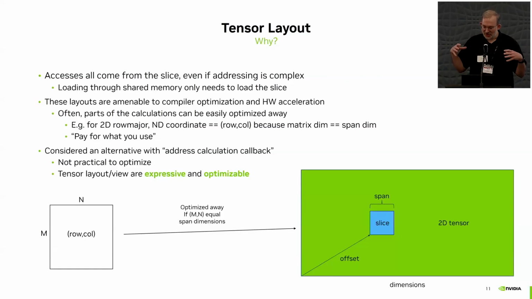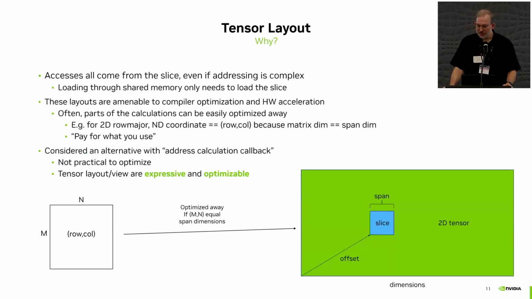It just says, okay, there's the slice, I need to get that from global memory into shared memory, whatever the most efficient way possible is. And more generally, these layouts are amenable to compiler optimization and potentially hardware acceleration in the future. If there's some dedicated tensor core thing that we want to use, this is a nice way to build a descriptor for that.